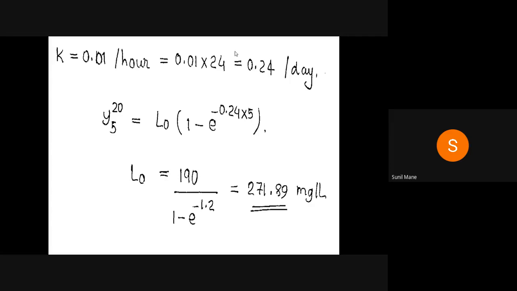So the information given per hour has to be converted in terms of per day, and then utilized over here. Mind it well: whenever K is given, it has to be observed properly, whether it is given as a figure per hour or per day. If the figure is per day, then we can directly go for this particular calculation.